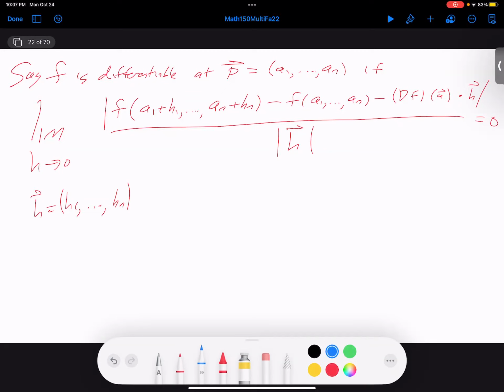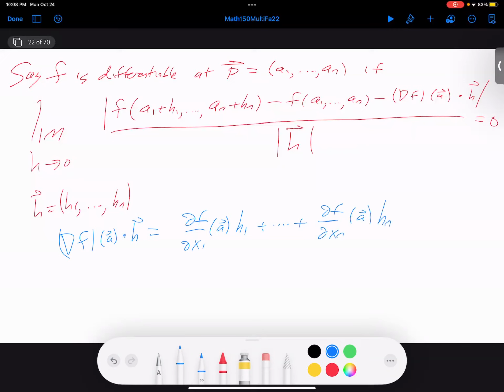So the gradient of f at a dotted with h would just be df dx1 at the point A times h1 plus dot dot dot plus df dxn at A times hn.